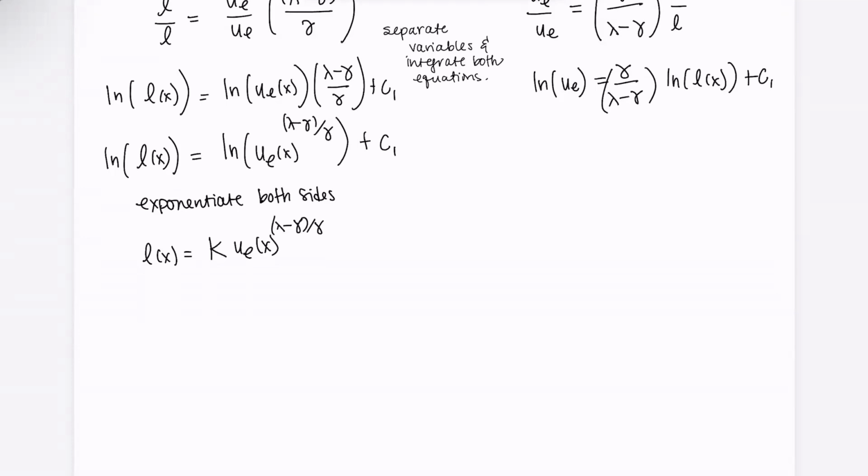All right, which means that UE of X is equal to 1 over K times, actually, I'm going to call this leading coefficient... what letter do you want for a different constant coefficient? Yeah. Beta. Beta times L of X to the gamma over lambda minus gamma.